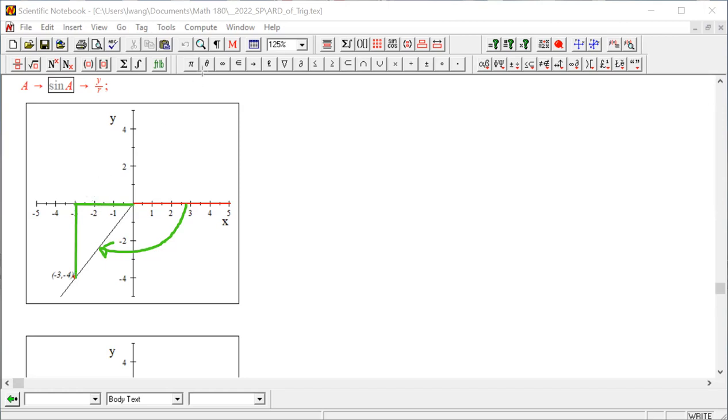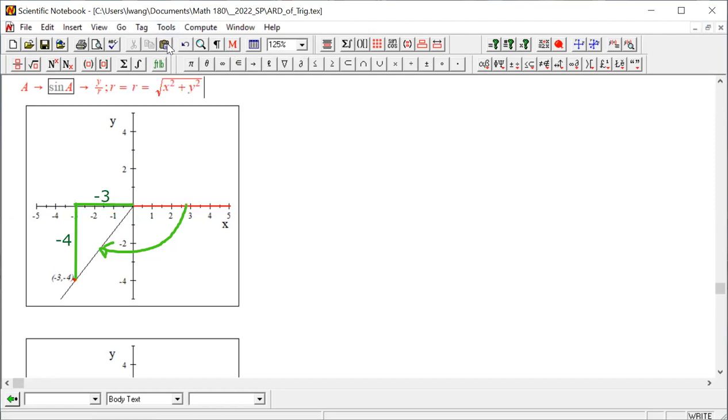So this side is -3, and that side is -4. And what is r then? R is still the square root of x squared plus y squared. So our x is -3.